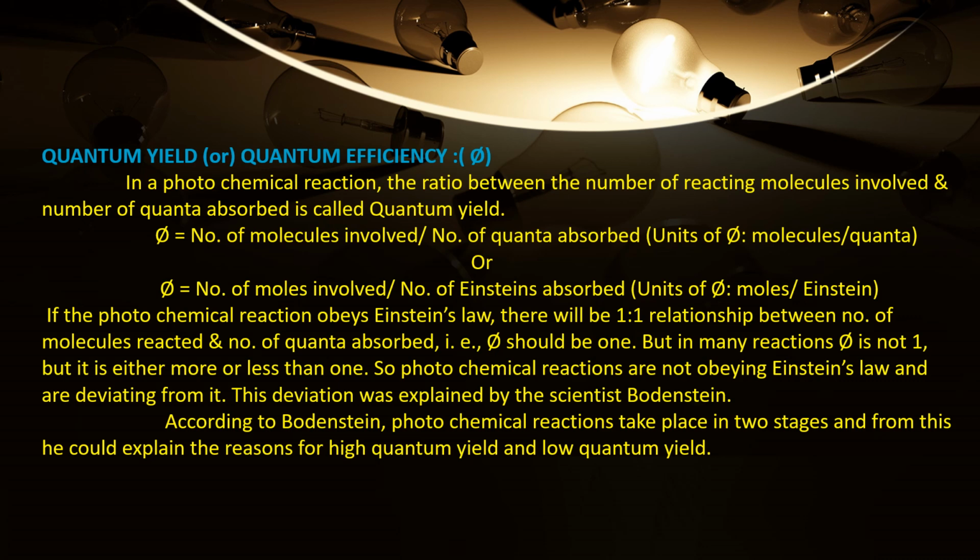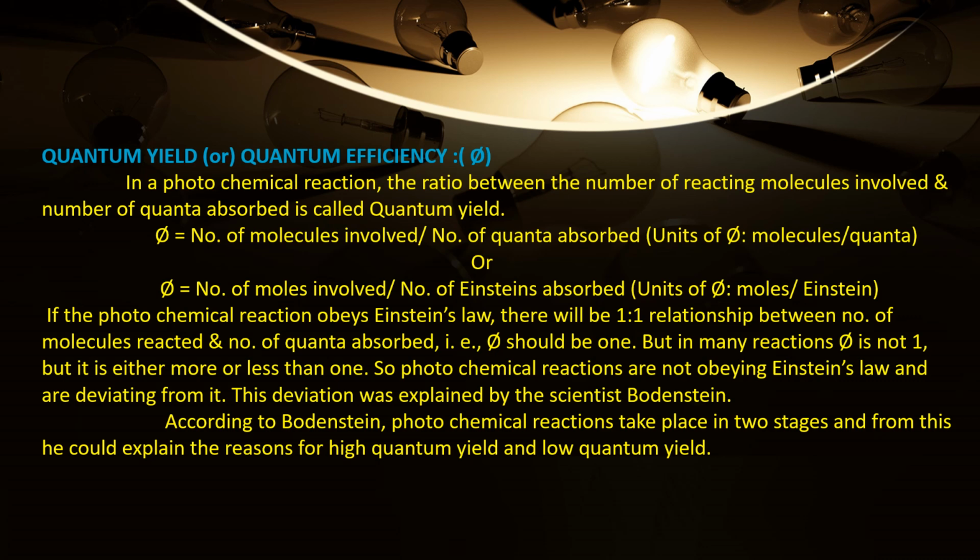So that's the answer to my question. If the photochemical reaction obeys Einstein's law, phi value will be equal to 1 because there will be 1:1 relationship between number of reactants and number of quanta of light absorbed.